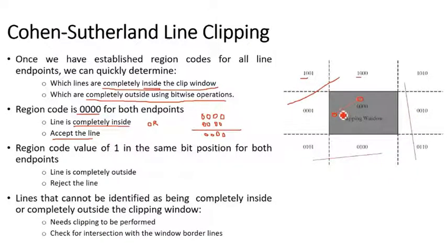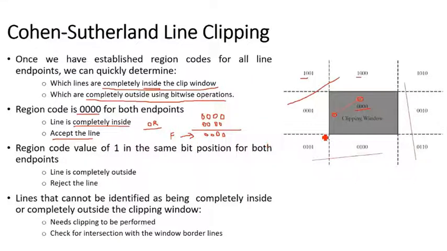Only this inside region has all bits set to 0. That's why only if both the points are inside the clipping window, the bitwise OR operation would give me false. So if it is 0000, meaning it is false.